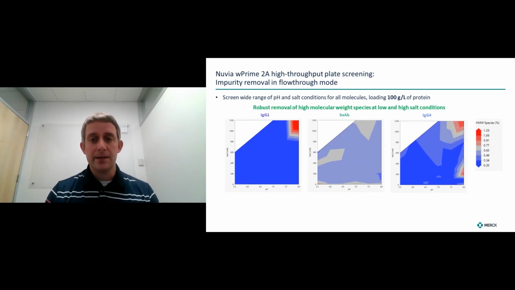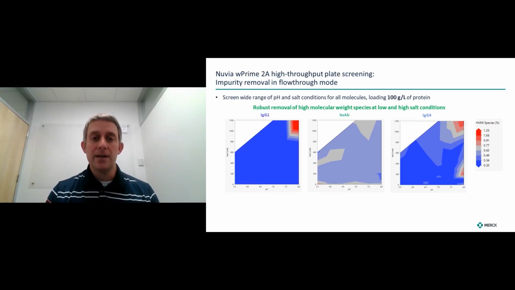But when we look at impurity data, for high molecular weight species we see pretty robust removal across a wide range of conditions. For both the IgG1 and IgG4, at higher pH and higher salt, we maybe see some aggregate breakthrough. But in a lot of cases, we're reducing pretty effectively to below 0.5%, maybe 0.6 to 0.7 for the bispecific.